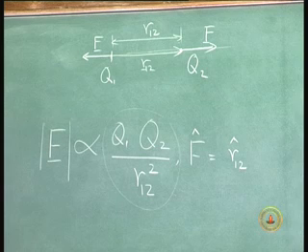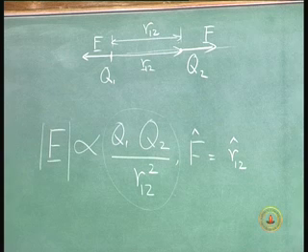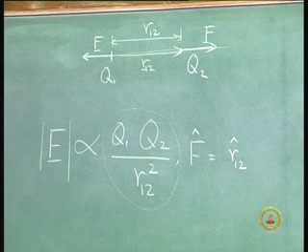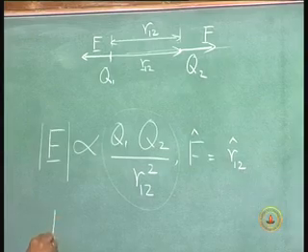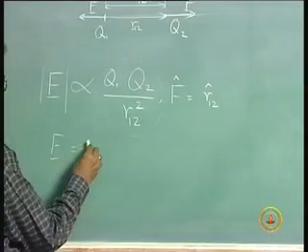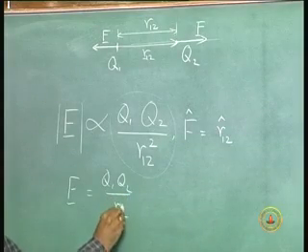Now, the proportionality is completely arbitrary. There are coordinate systems, namely the CGS system, where we would actually write F is equal to Q1 Q2 over R12 square.